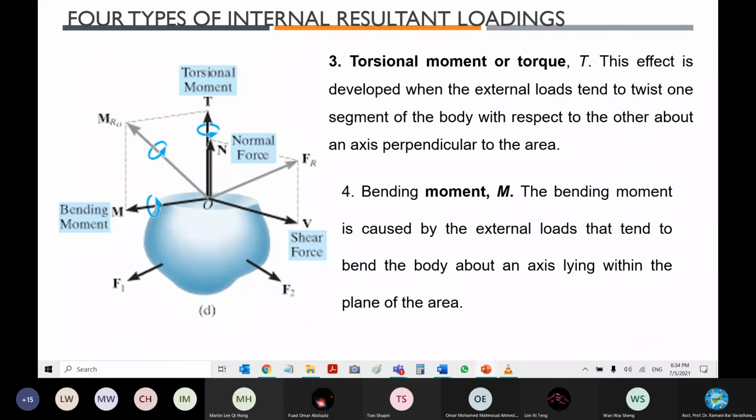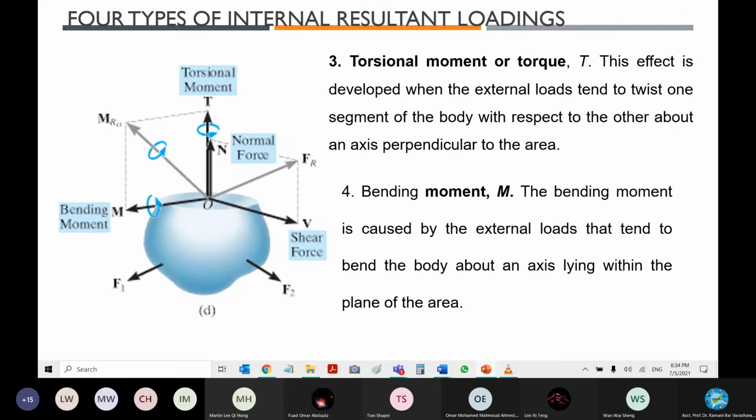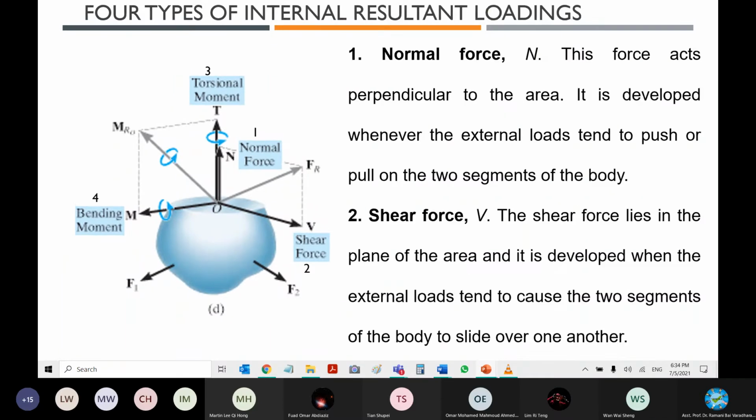Start with these four elements of analysis. In most questions you can find these words: normal force, shear force, torsion, and bending moment. These four form four different chapters themselves, and I will explain later how.